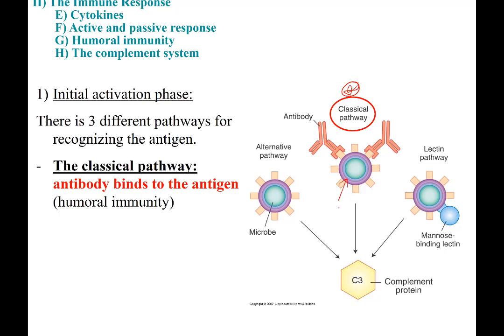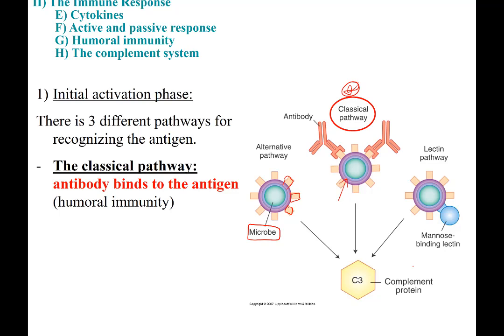There are 2 other ways to activate the complement system. One is called the alternative pathway. If the microbe itself or the virus itself actually has something on its membrane or a receptor on the membrane that can actually activate the complement system by itself, with no need of antibody or no need of a third player.